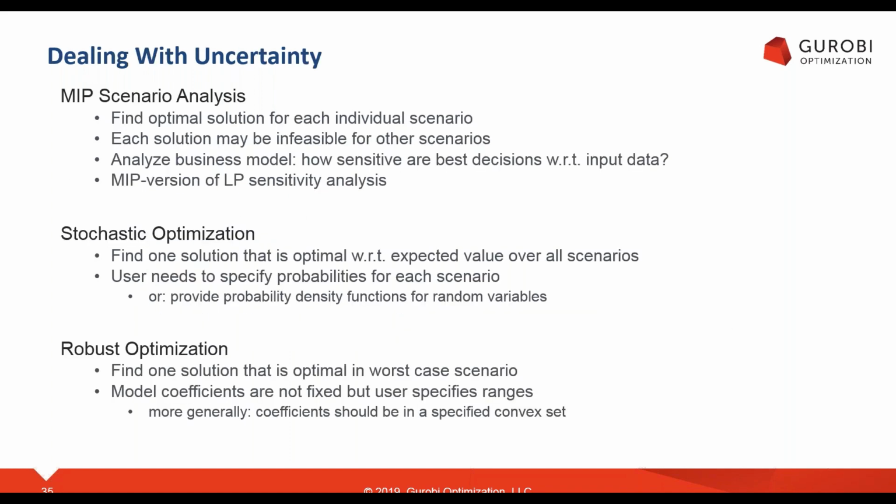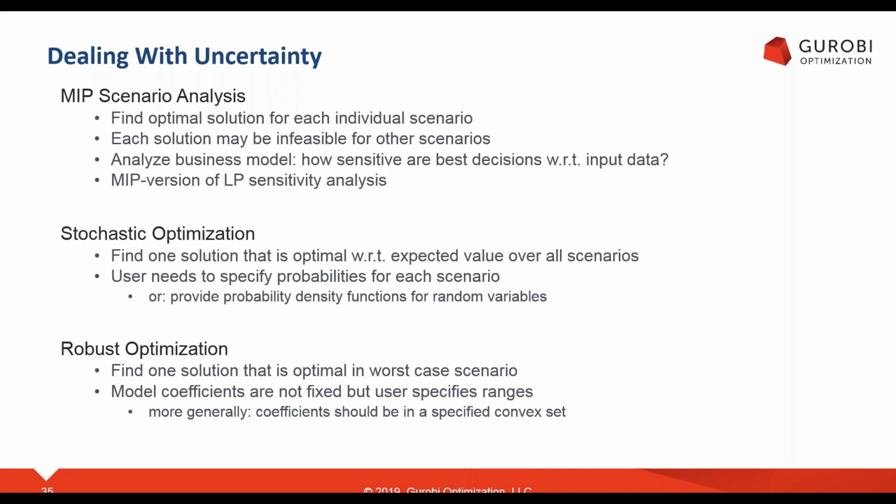Let me say a few words about more general uncertainty handling. Uncertainty has been well studied in the past, in the academic world and also in the practical world. The two main concepts usually used to deal with uncertainty are stochastic optimization and robust optimization. But this is different from what we do, which is much simpler.